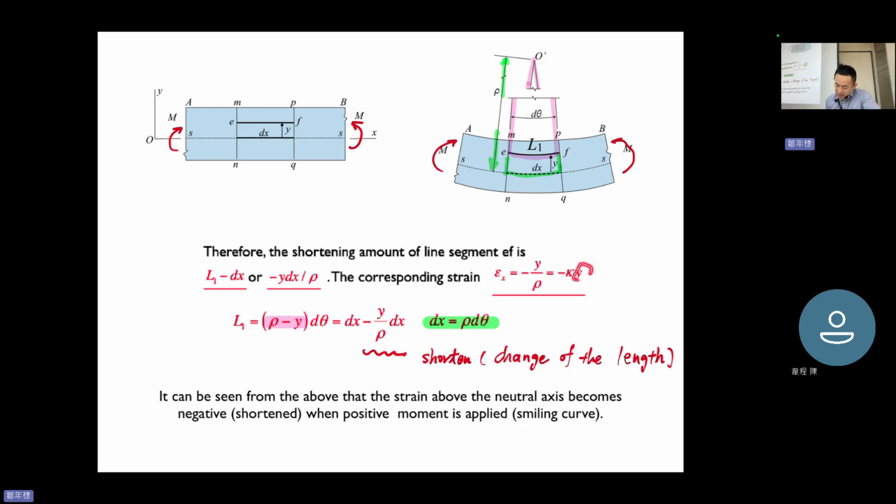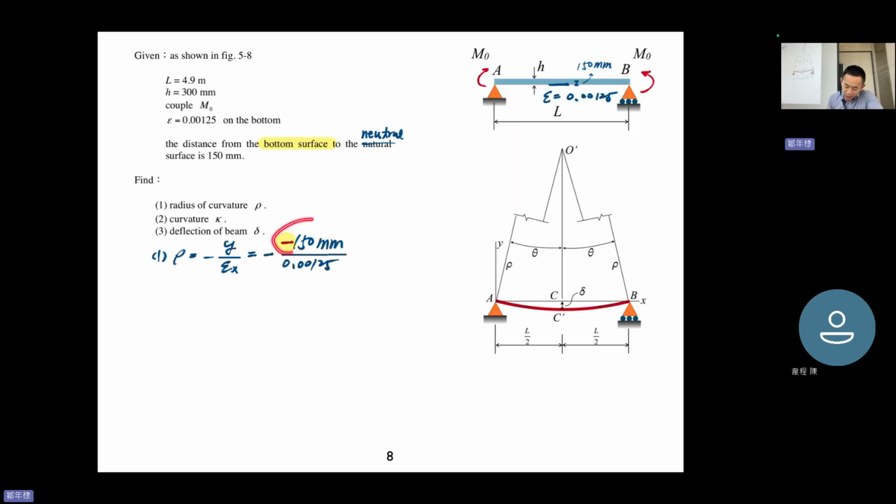So negative y times negative gives you a positive epsilon x, which means that you have lengthening at the bottom. So y has a sign, so you need to be careful. As long as your y is above the neutral axis, it will be positive. Below the neutral axis will be negative.